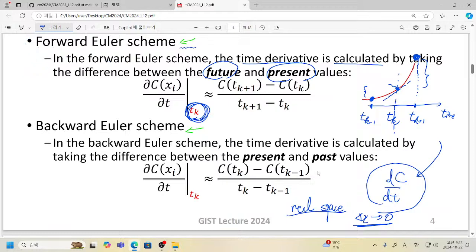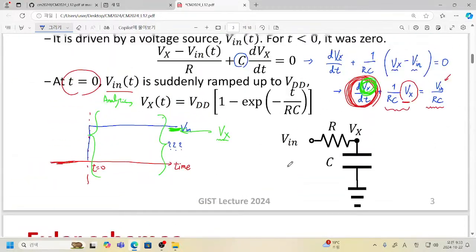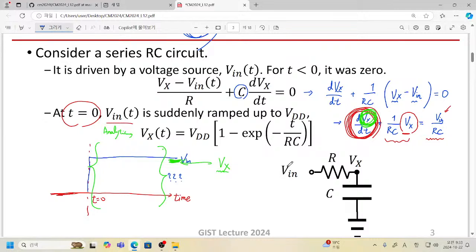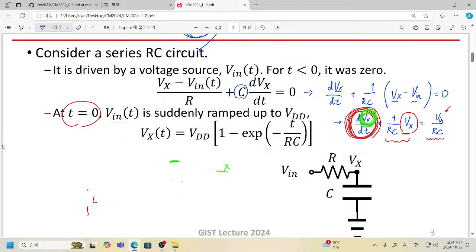Okay, so let me just do it together with you. Although it is not explicitly known in our case, why don't we just spend our time to directly apply this to our RC problem explicitly. So my first trial is, okay, I love to apply Forward Euler to this problem.